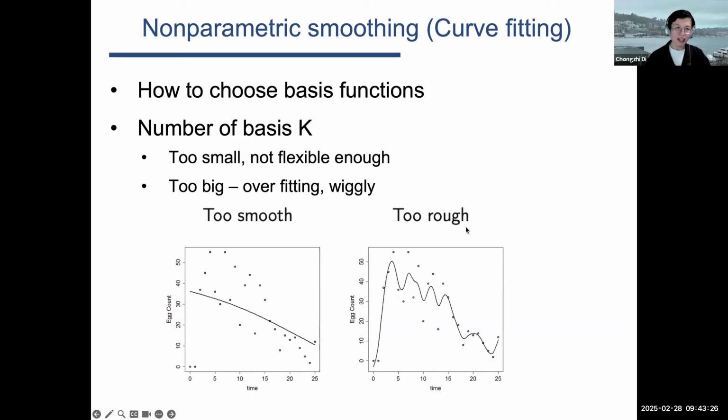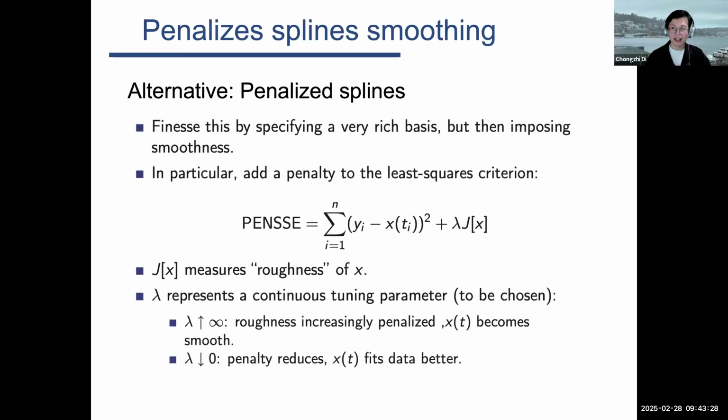That is what we call the so-called penalized spline smoothing approach. So the idea of this is that we try to start with a relatively large number of bases because we want to accommodate a very flexible type of shape. Because if you start with a small number, you are limited. So we want to start with a large number of bases.